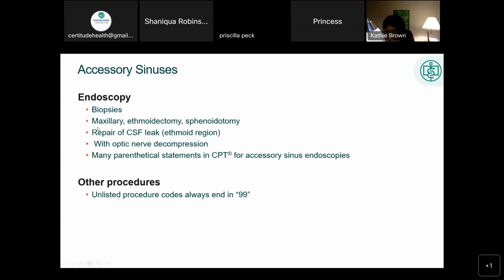So another reason they'll use endoscopy is repair of a CSF leak. I'm sorry, CSF is cerebral spinal fluid. So they may have to go through the ethmoid region, if you kind of see where that's located, because our sinuses drain, right?